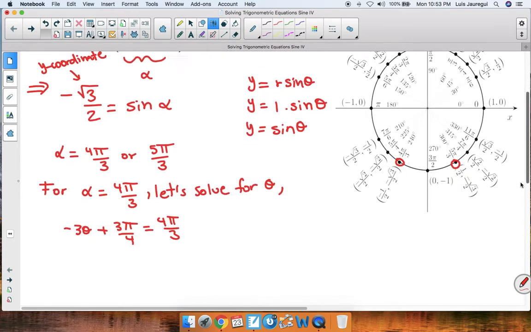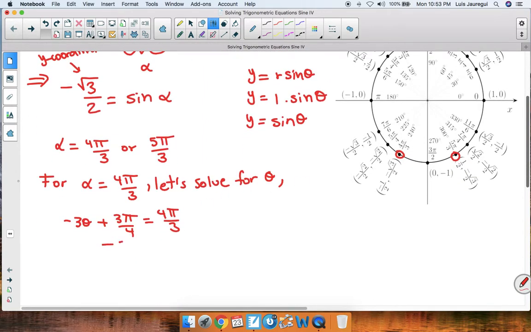Now, solving for theta requires us to subtract the 3 pi over 4 from both sides. So we get that negative 3 theta is equal to 4 pi over 3 minus the 3 pi over 4.